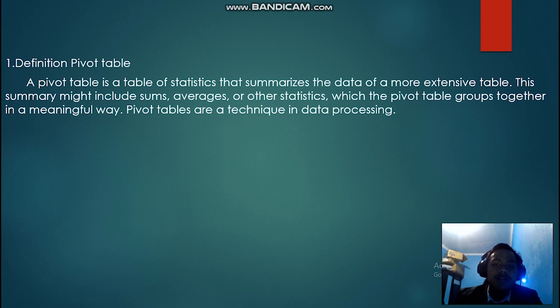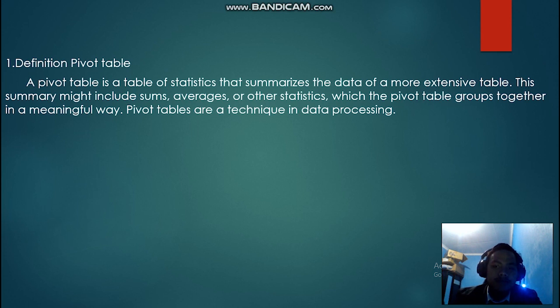Definition of pivot table. A pivot table is a table of statistics that summarizes the data of a more extensive table. The summary might include sums, averages, or other statistics, which the pivot table groups together in a meaningful way.